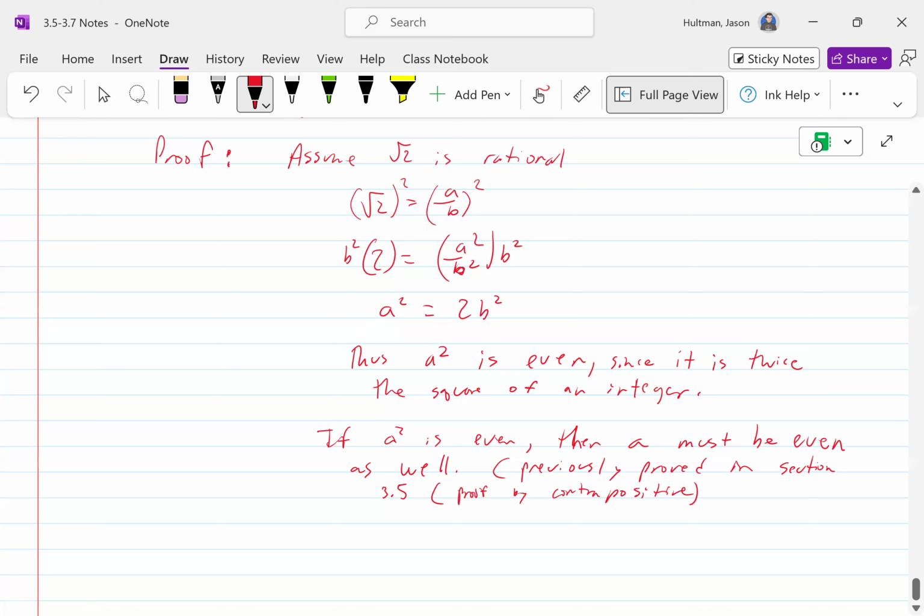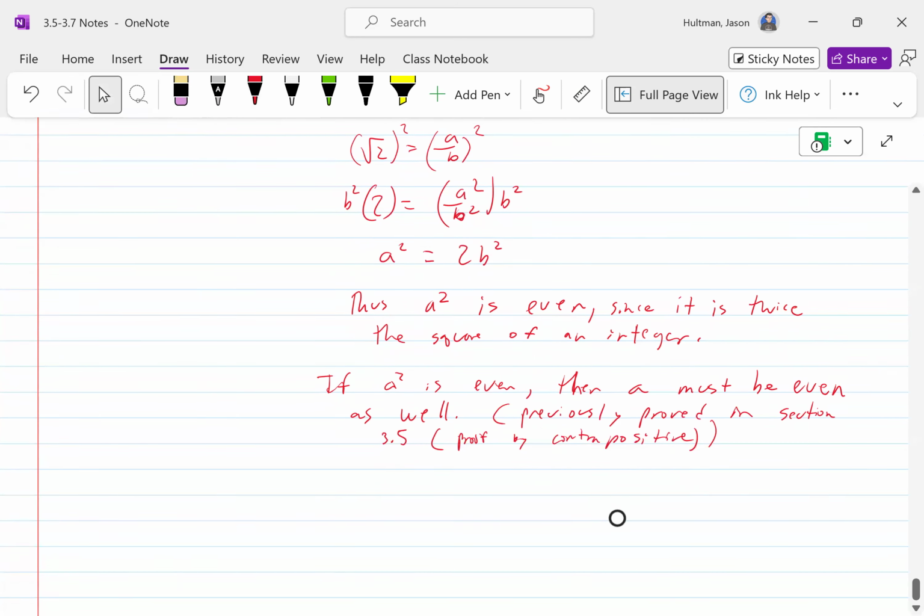We said assume n is an even integer, and then we squared it, and we found that n squared had to also be even. So if a squared is even, then a must be even as well. Previously proven.